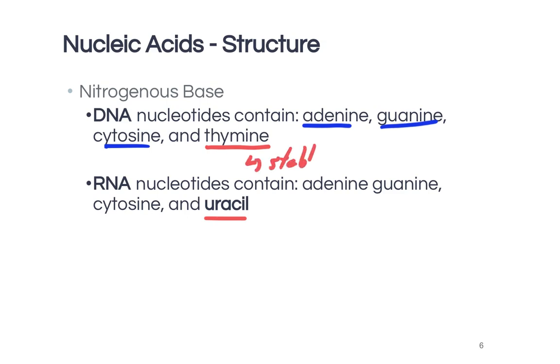It doesn't break down as readily as uracil, and so again, for DNA structurally to hold the integrity of the information it has for the lifetime of that cell, we need a more stable base. Uracil can actually break down a little bit more, but for a messenger, that's fine. Uracil is kind of like the off-brand version of thymine is how sometimes I think of it.